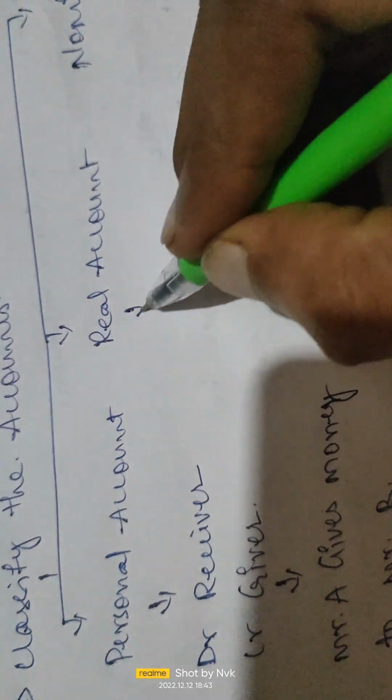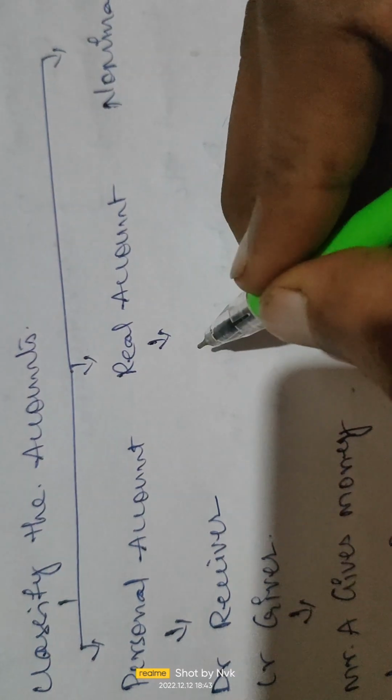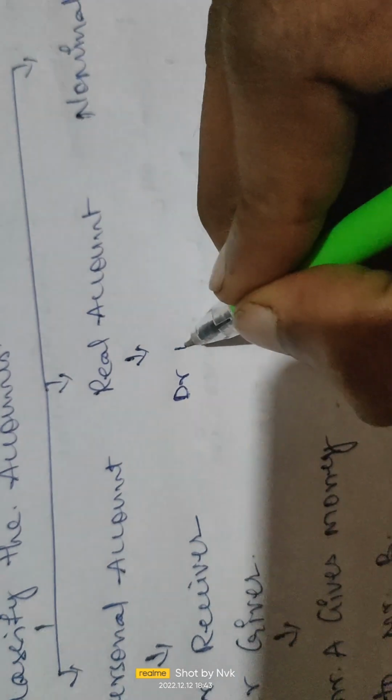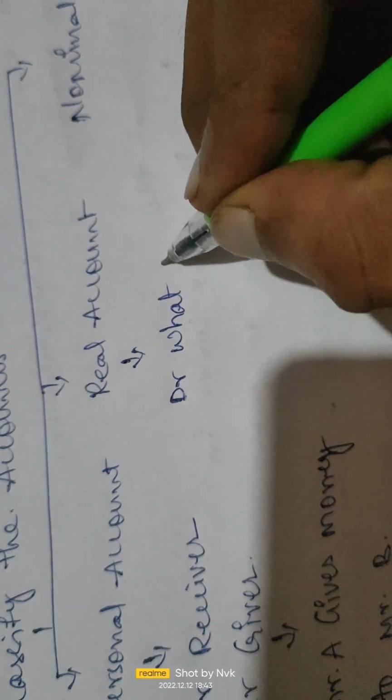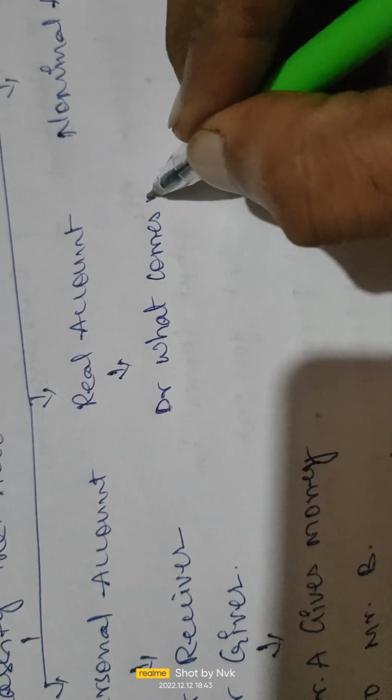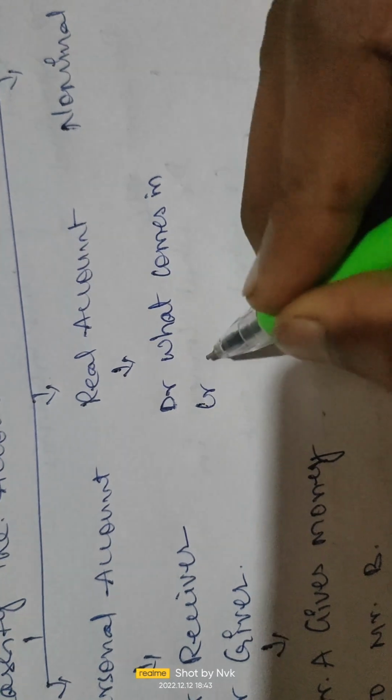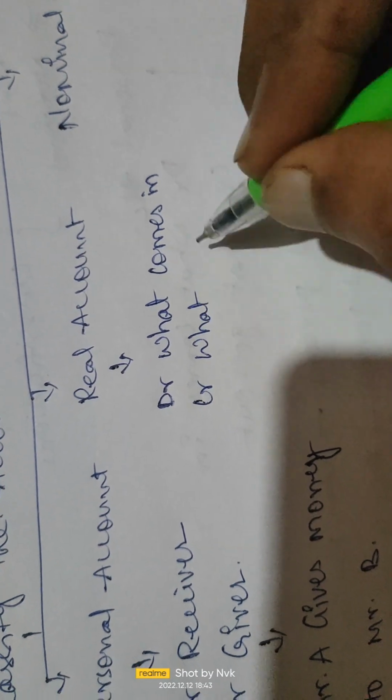Next comes the real account, and here the rule is debit what comes in, credit what goes out.